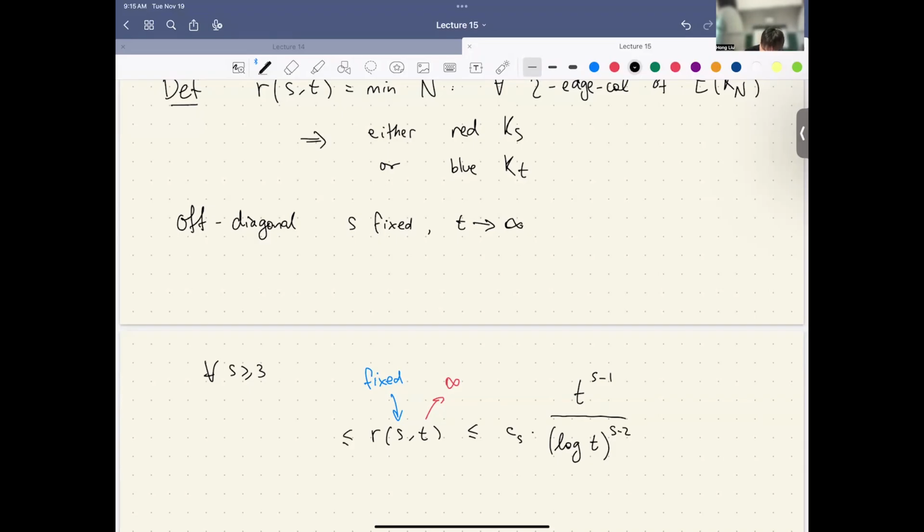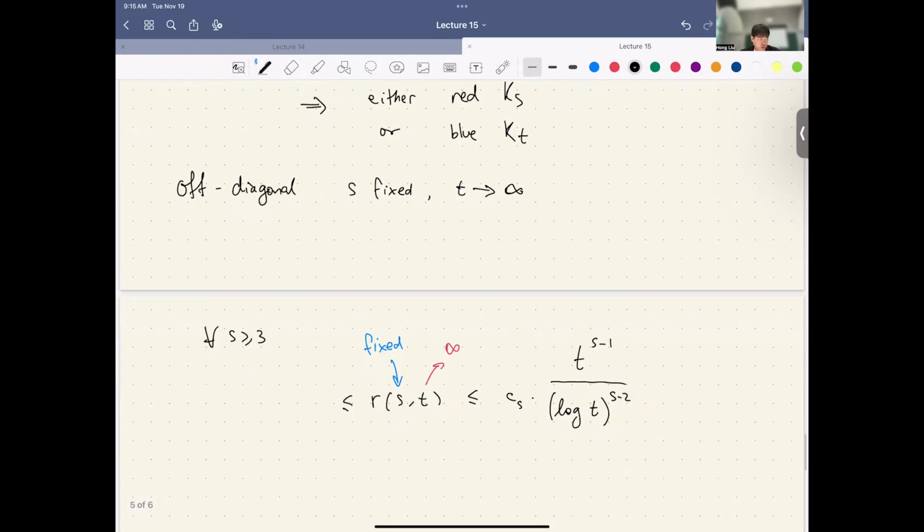This upper bound is by the Ajtai–Komlós–Szemerédi.